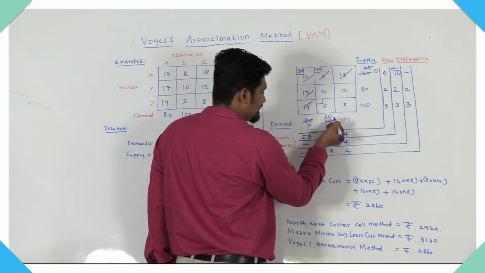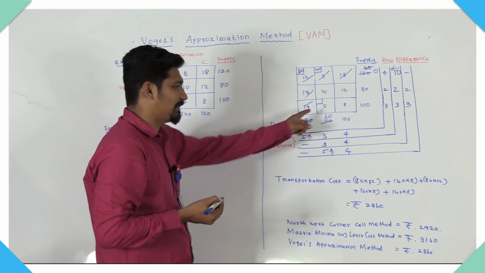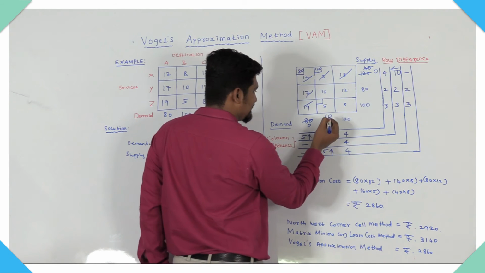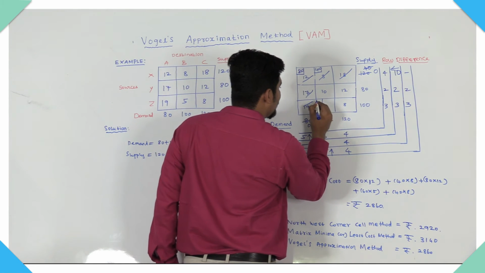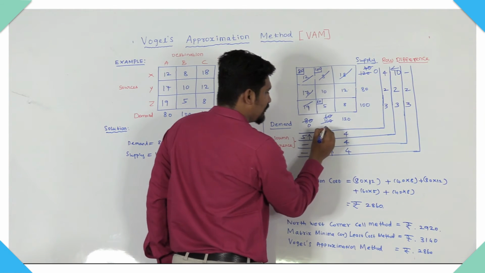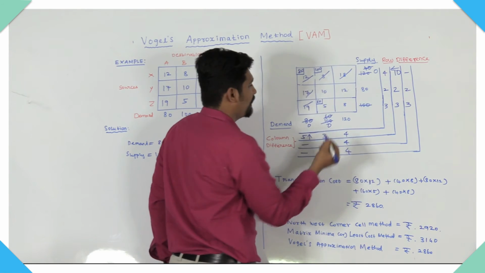Demand is 60, supply is 100 of this particular cell. So which one is the least value? 60 is the least value, just allocate here. And subtract here, you will get 0, and subtract here, you will get 40.